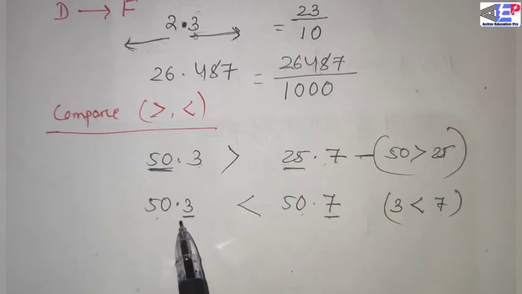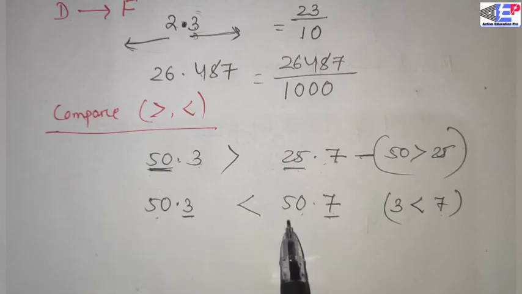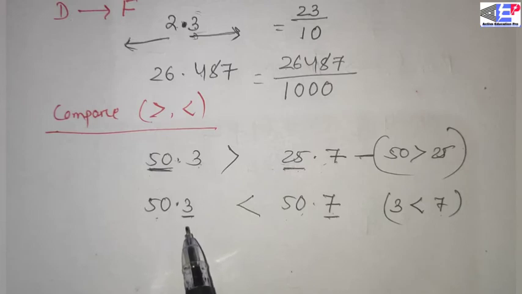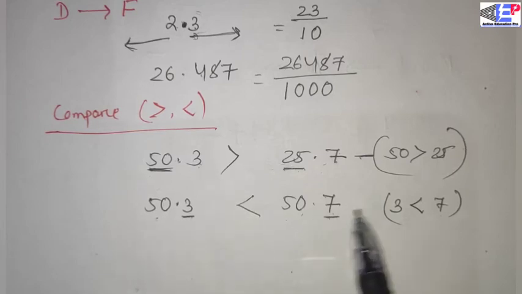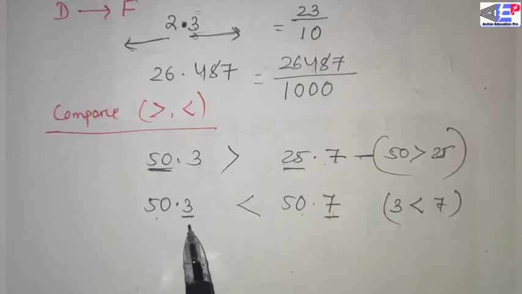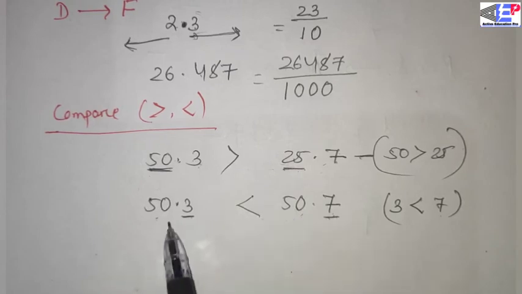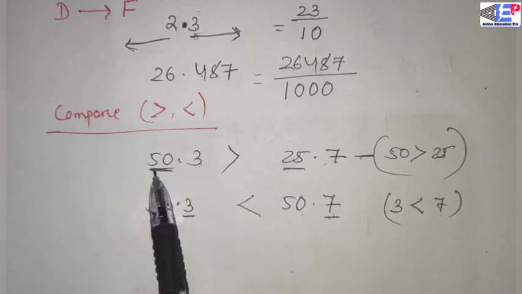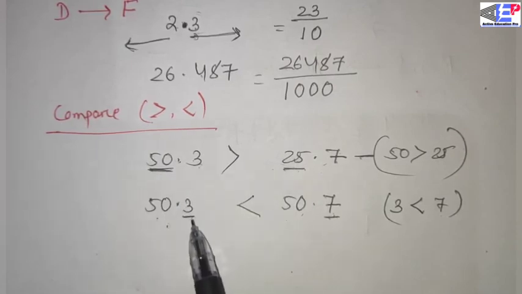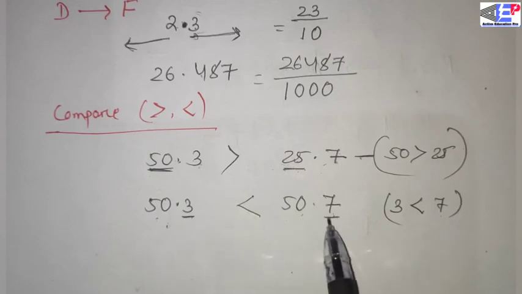So if there are two numbers carrying the same whole number, then you have to look at the right side digits of the decimal part, here 3 and 7. And 7 is greater than 3, so this number is greater than this number. Here the whole number part is greater, so this number is greater. Here, after the decimal point, the right side part is greater, so this number is greater.